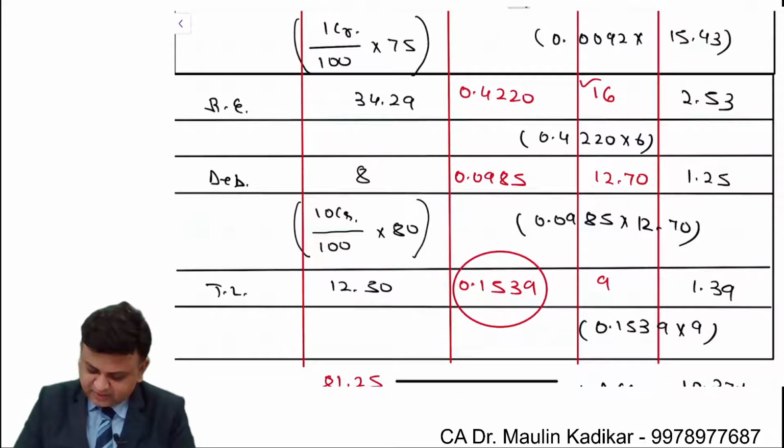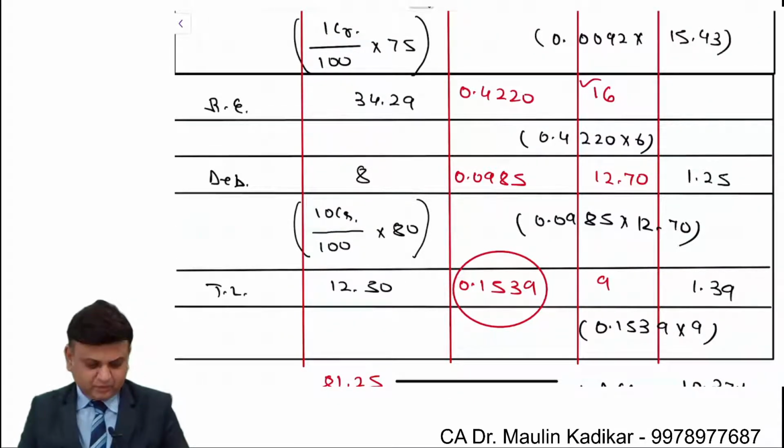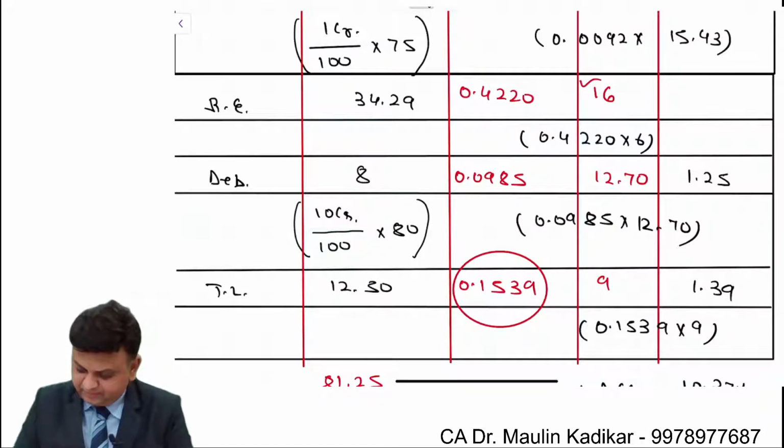There is a mistake on my end. 0.4220 into 16. It is 6.75.